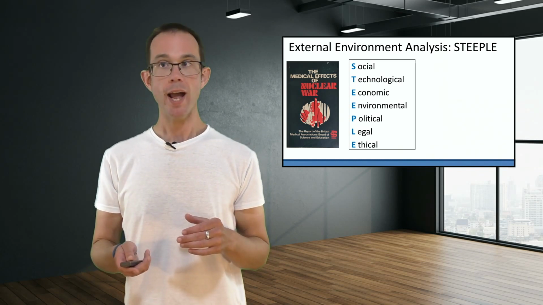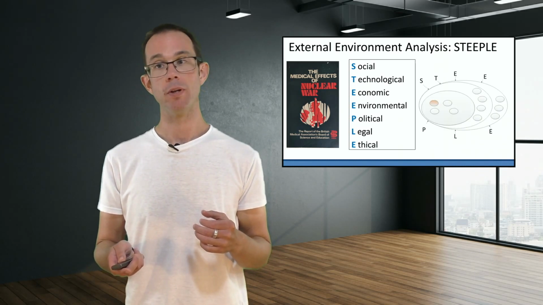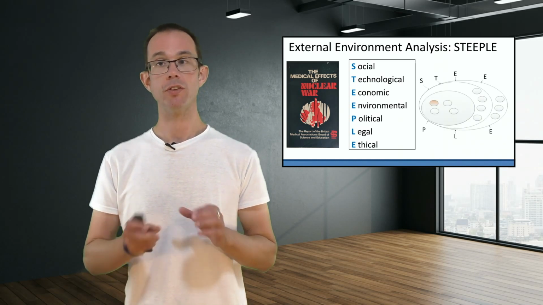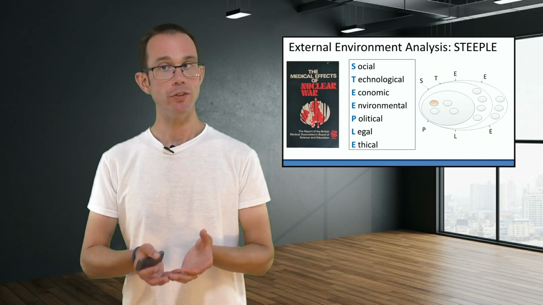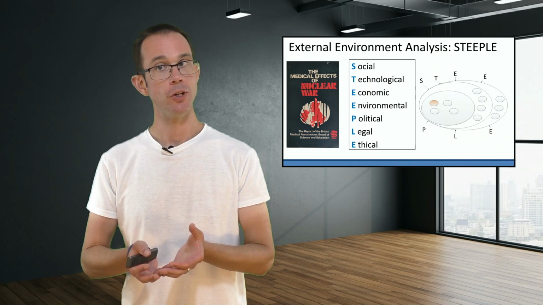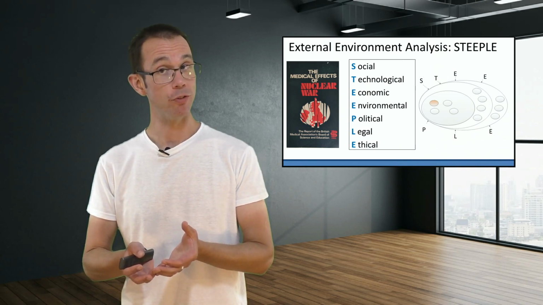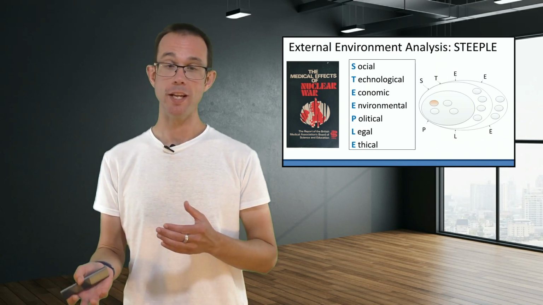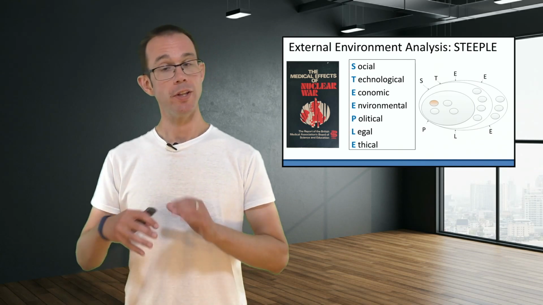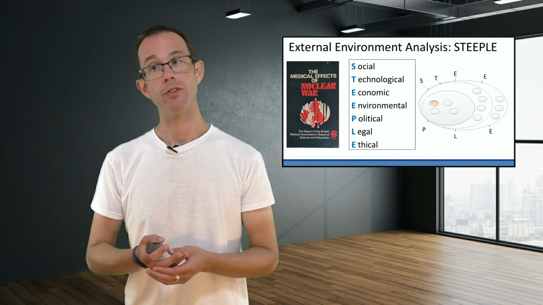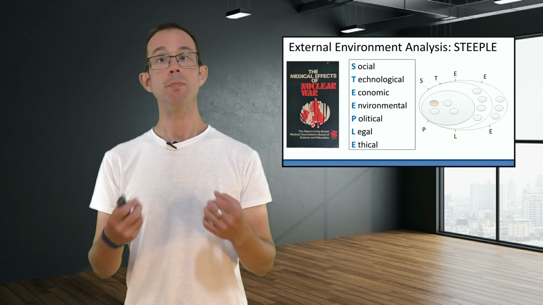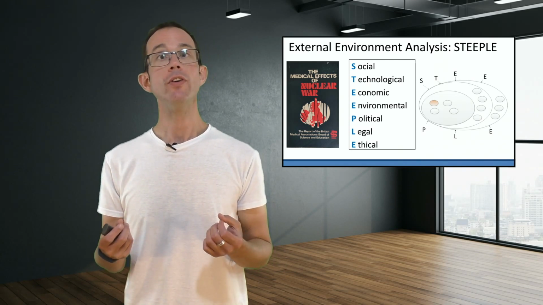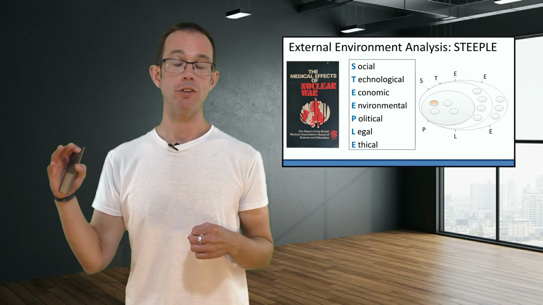And it links back conceptually to a systems map, because the STEEPLE factors are things that are outside of that boundary. We can't necessarily directly change them. We might be able to influence them, and we certainly ought to be influenced by them, but they're things that are out there in the external world. Now, you might be thinking that STEEPLE and techniques like it are only really useful at a very strategic level.